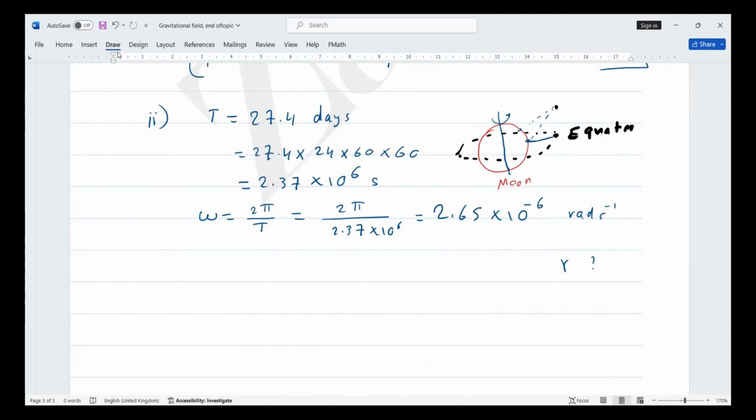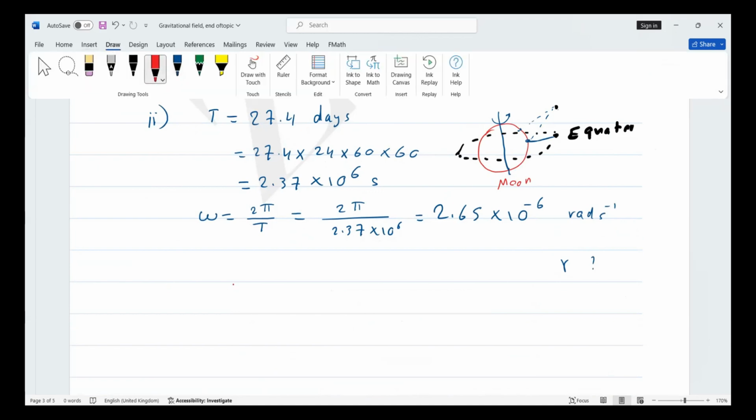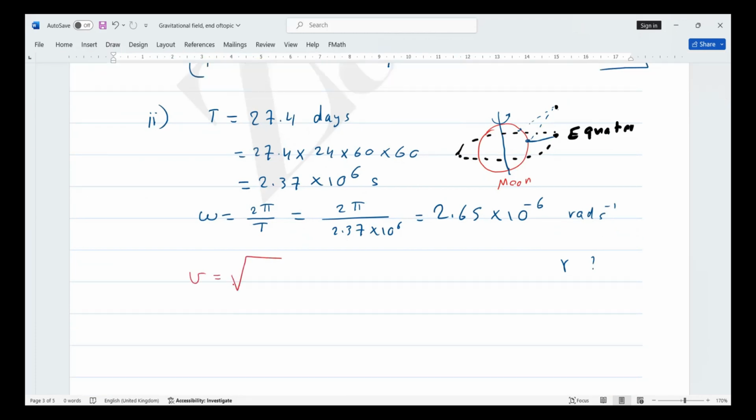We know that V equals the square root of GM over r. By squaring both sides, V squared equals GM over r. We need r, sorry, we need r.